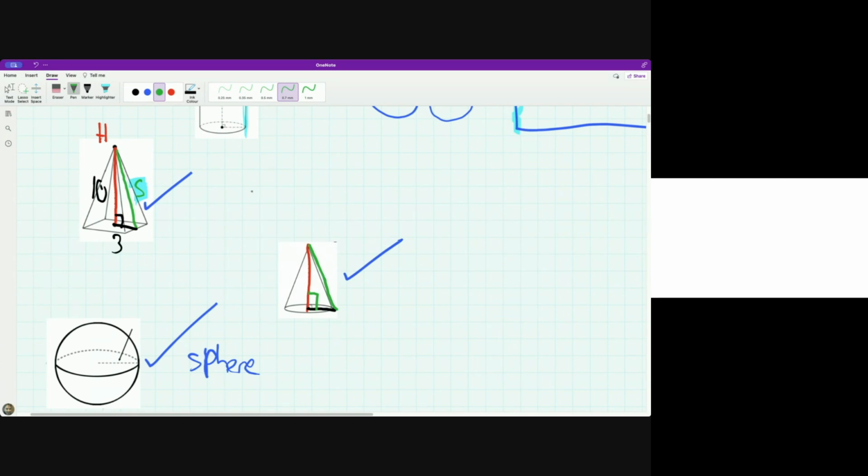Now, for both of these shapes, the volume is just 1/3 times the area of the base. So I'll say A for area of base times the height of the shape. And when I say height, I literally mean this thing, the red stick over here. When it gets to the surface area, it gets a bit more interesting.